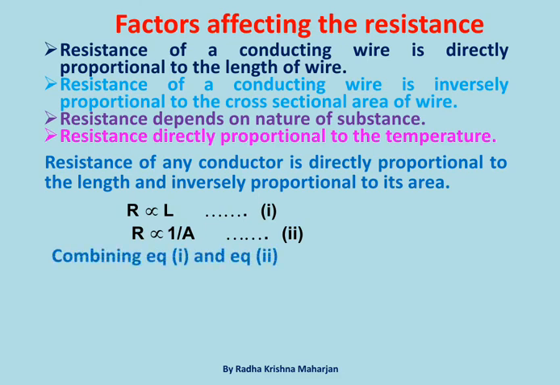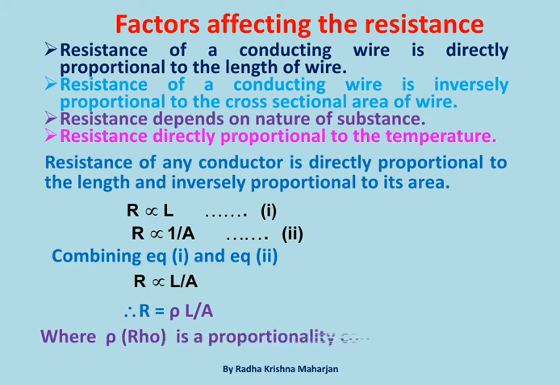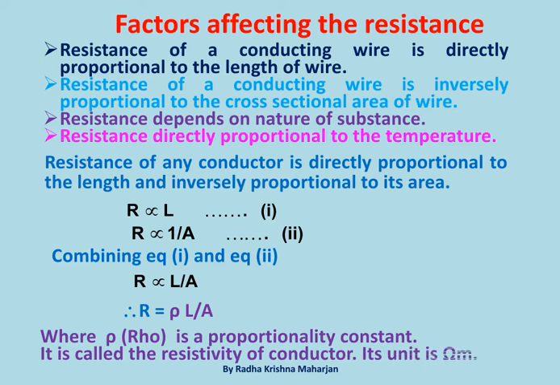Combining equation 1 and equation 2, R is proportional to L upon A. Therefore, R equals rho L upon A, where rho is a proportionality constant. It is called the resistivity of conductor. Its unit is ohm meter.